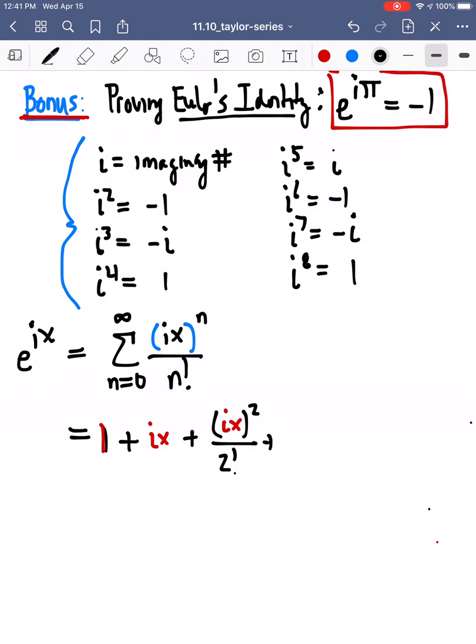The next term is a quantity ix cubed all over 3 factorial. The next term is ix to the 4th all over 4 factorial. And hopefully you can see the pattern that's going to emerge: again, just ix raised to the next power of n divided by the next n factorial.